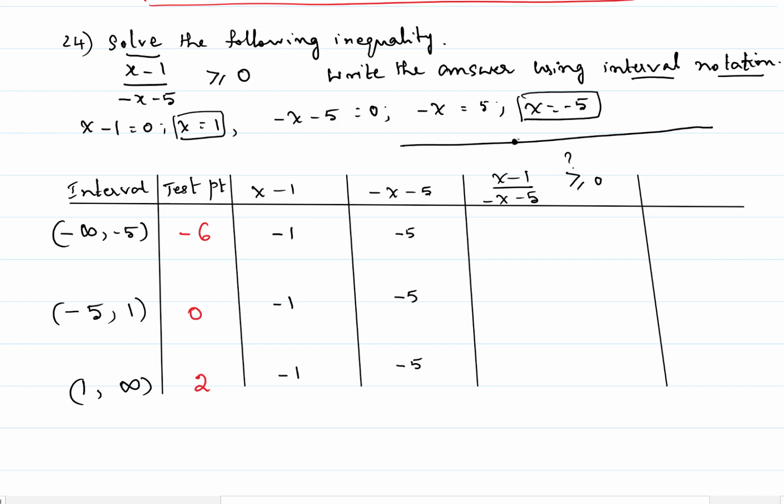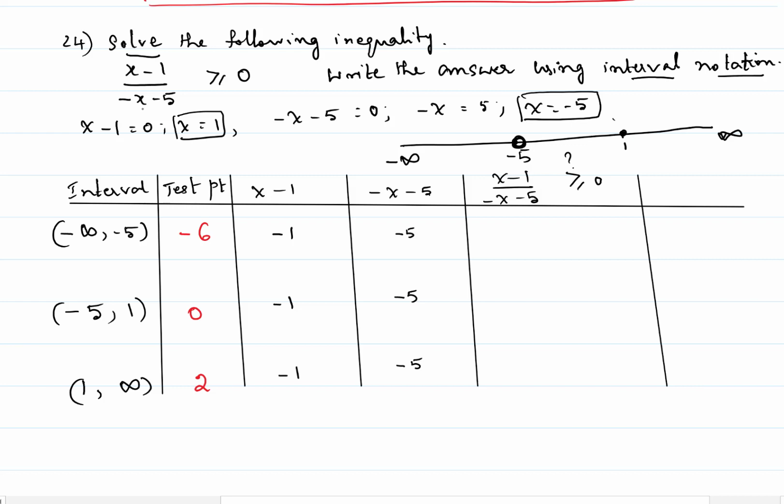So negative 5 and 1. Note that I have placed negative 5 as a hole and positive 1 as a solid dot. The reason is you cannot have negative 5 as a solution to this problem.